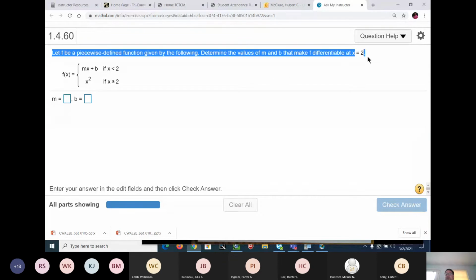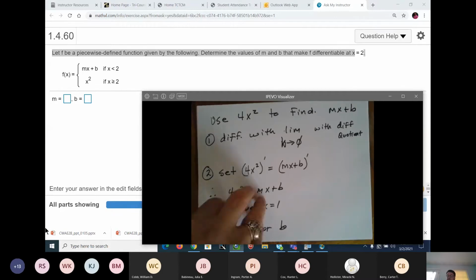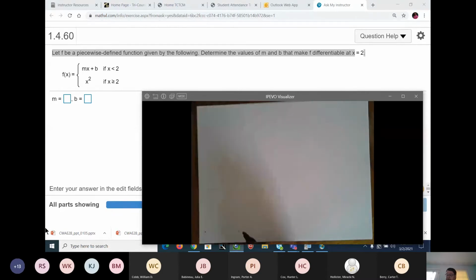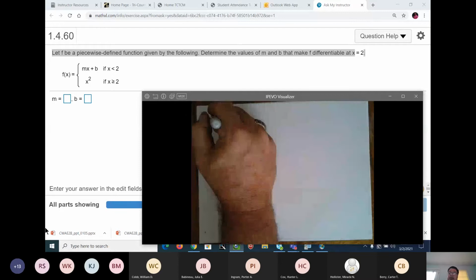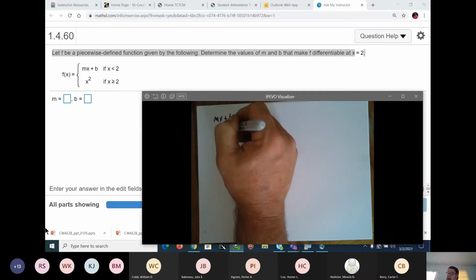Now, at this point, they're giving you 2. So instead of plugging in 1, you're going to plug in 2. Let's go ahead and try this one, just to see if we understand it. So we got 2 lines, mx plus b, and then we got x squared.